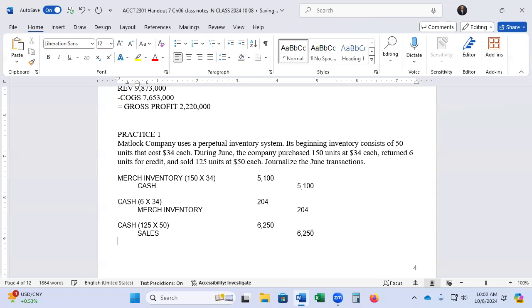And then we have to move that merchandise that we sold out of inventory and into cost of goods sold for 4,250. And we have to take it out of the merchandise inventory account of 4,250.